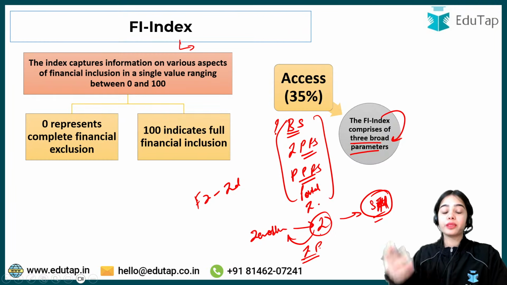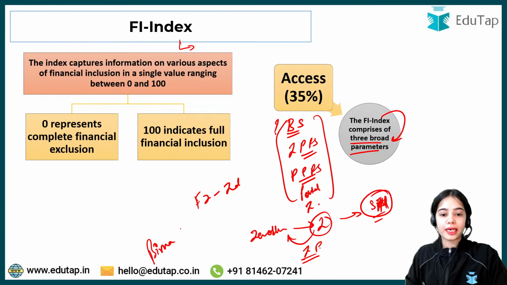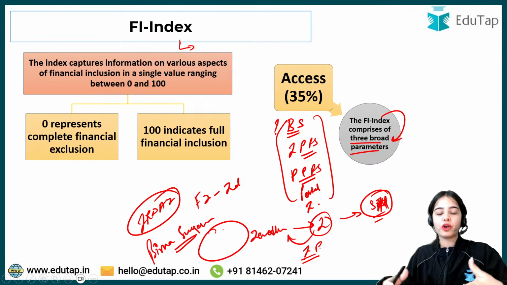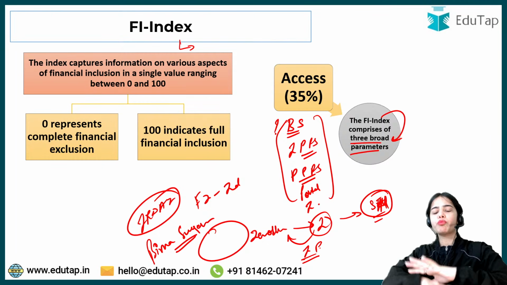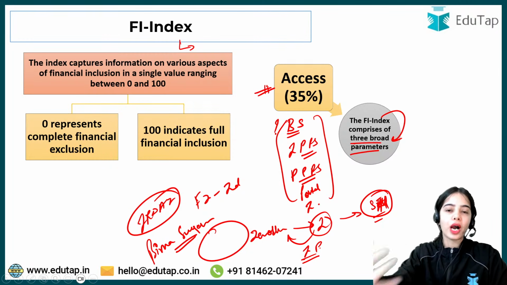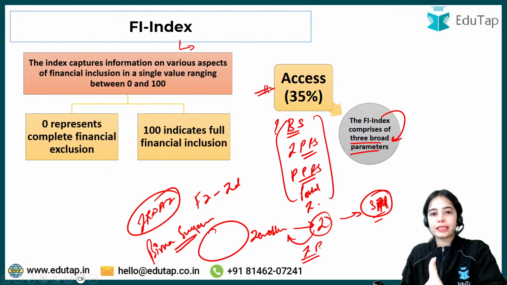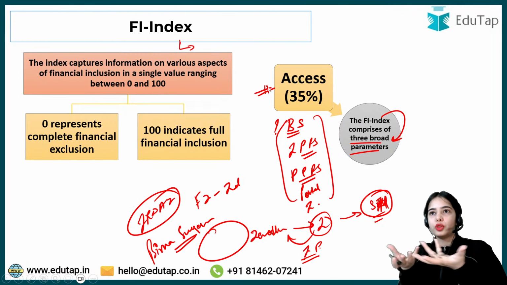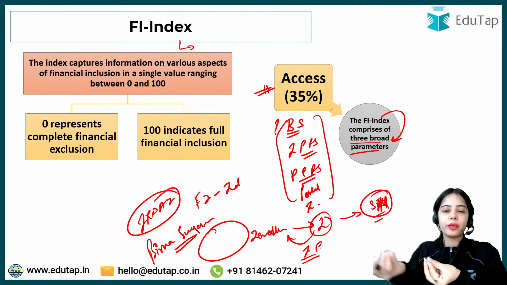There is Bima Sugam that the IRDAI is launching. It will be a platform that provides access to multiple different insurance products and services. So access means that you have the way to get the products and services.